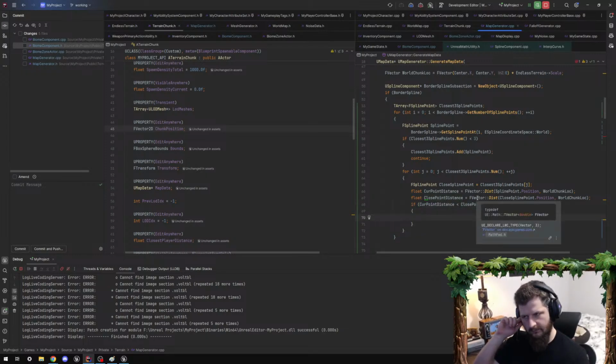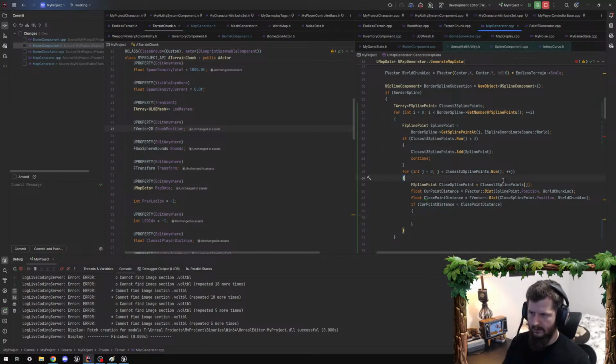Then closest 3 spline points at J equals spline point. And then we can break out of that loop. And by the end, we should have the closest 3.